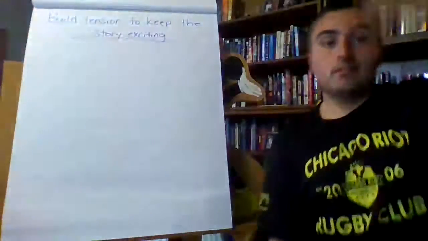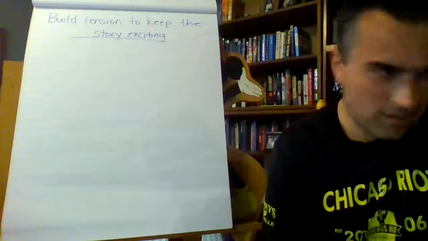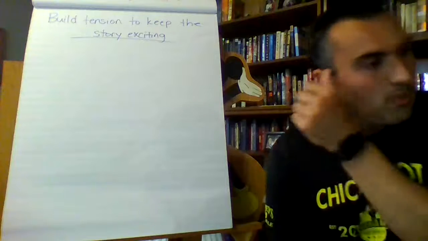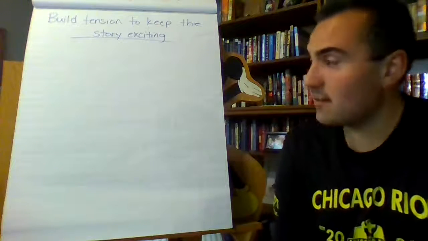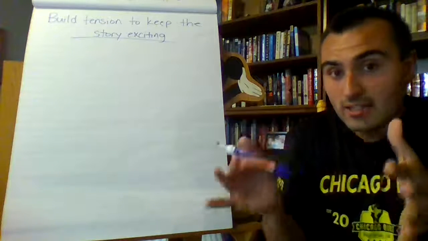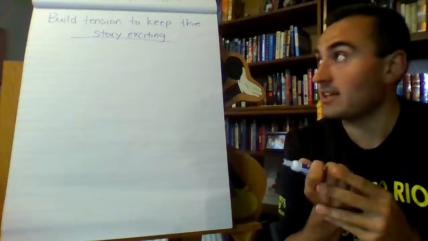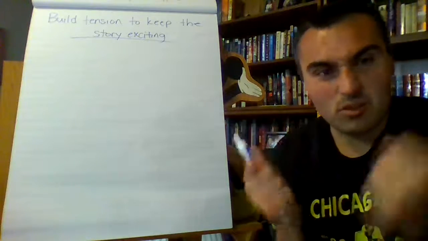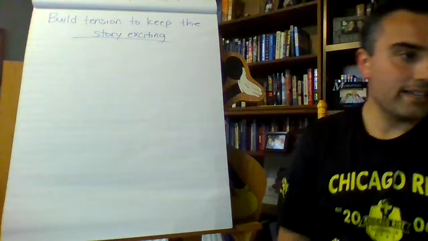All right. So what this means, again, for some of you guys, you're like, Mr. Fresh, I don't know what tension means. So basically what it means to have tension is you want to have some suspense. You want to have some things that are just like, oh, I don't know how this is going to happen. Like, oh, they were so close and then, they got away. Things like that.